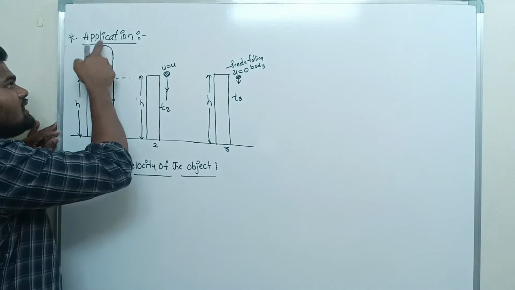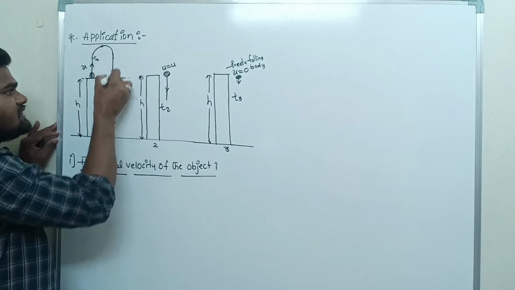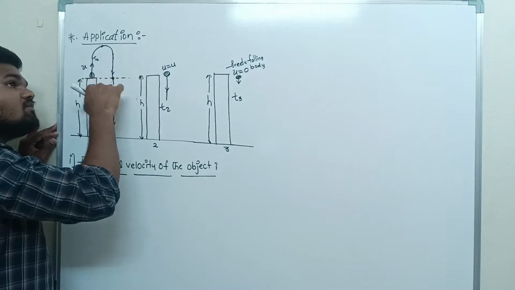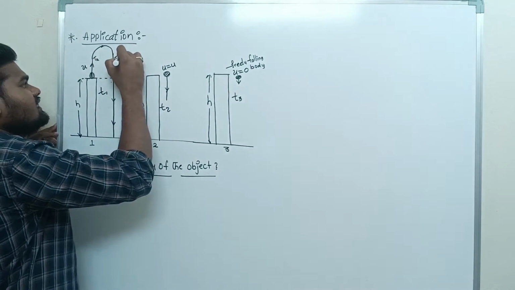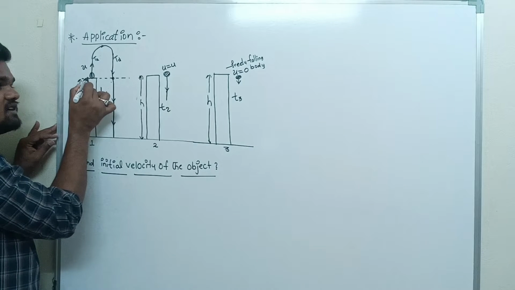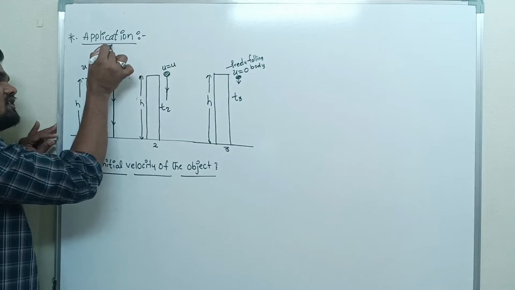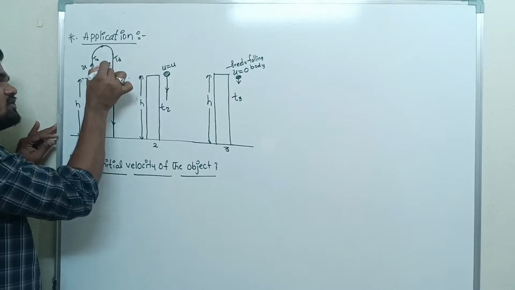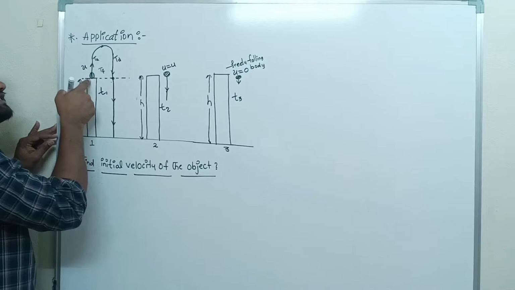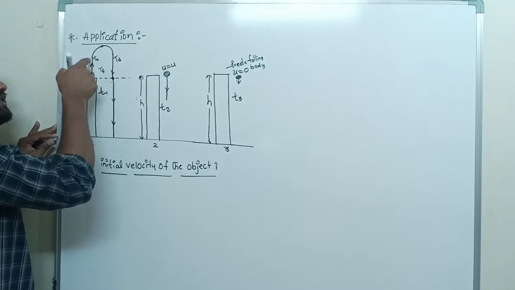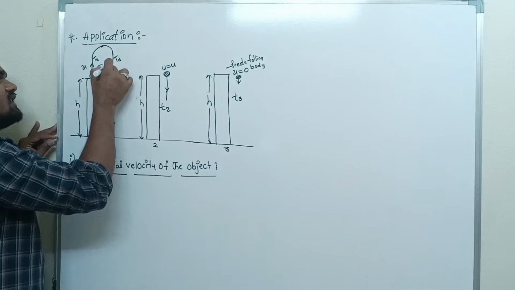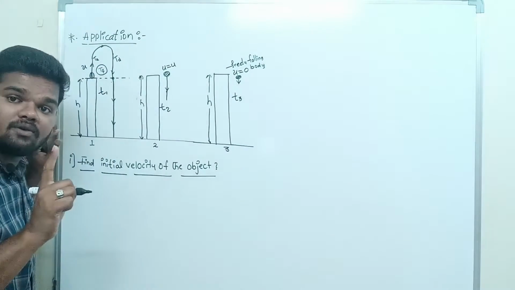The time taken to reach the point of projection from maximum height is called the time of descent. So the total time is the time of flight.